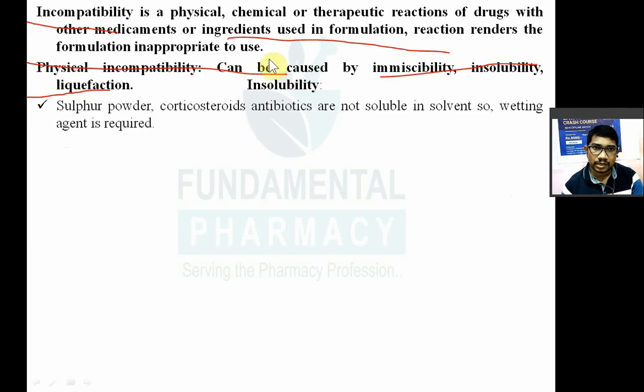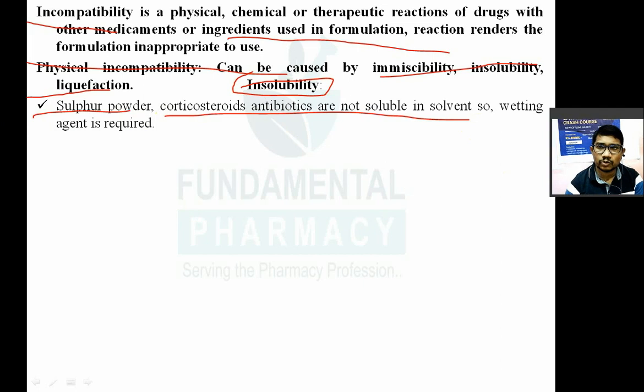For example, sulfur powder, corticosteroids, antibiotics are not soluble in the solvent, right? If you take sulfur powder or a corticosteroid drug like dexamethasone, betamethasone, triamcinolone, and later prednisolone, these drugs are not soluble in a solvent like water. So you need a wetting agent there. Insolubility, one of the physical incompatibilities, right?